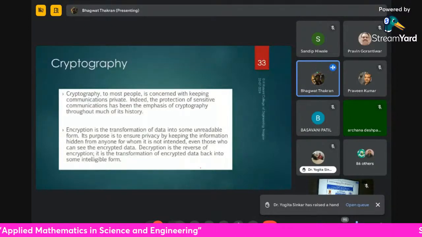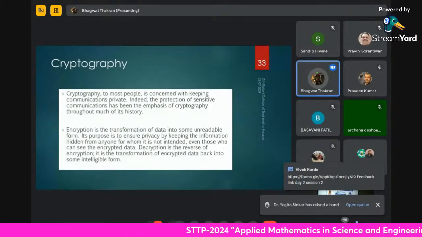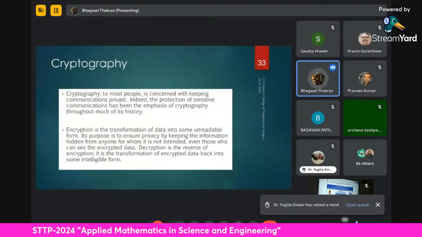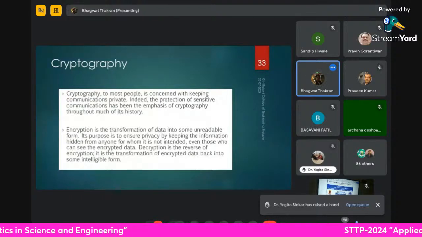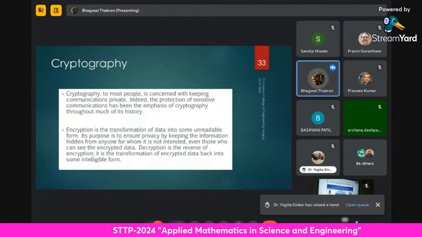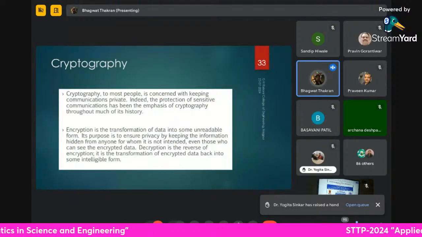Cryptography is basically coding and decoding, or we can say encrypted data can be decrypted. Nowadays internet sites and the banking sector all use cryptography in their networking systems.